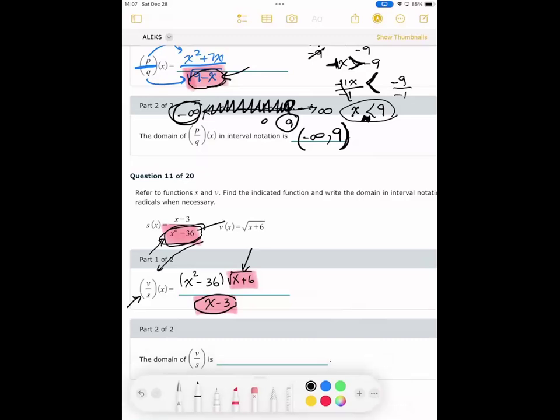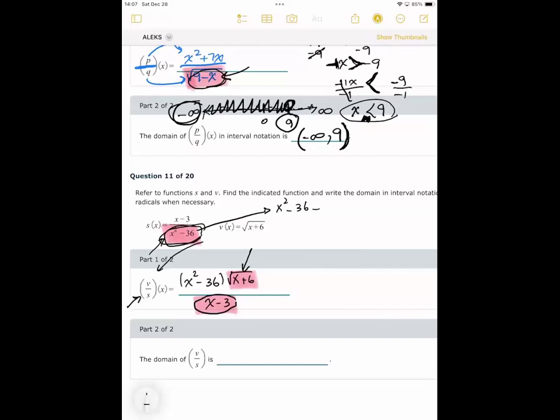We want to solve this equation, x squared minus 36 equal to 0. Remember PEMDAS? You start from the bottom, go up. I look to see if I am adding or subtracting from x. I'm subtracting. I have a negative 36. So I add 36 to both sides.